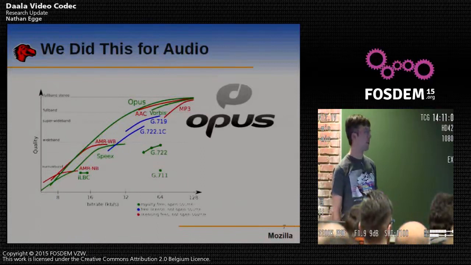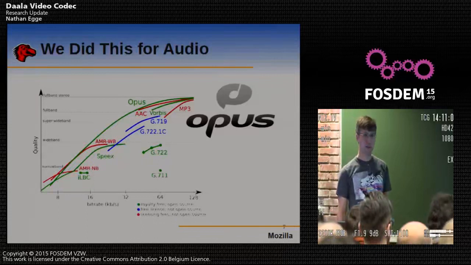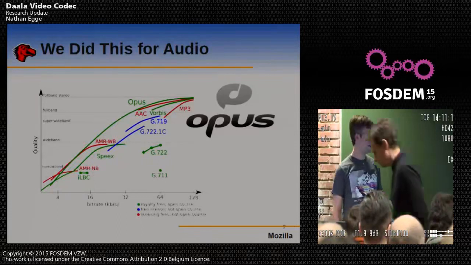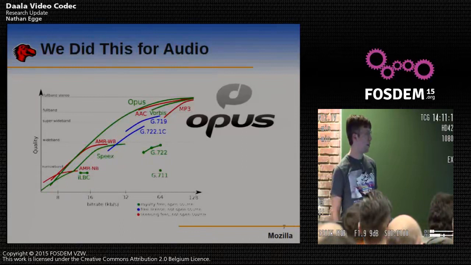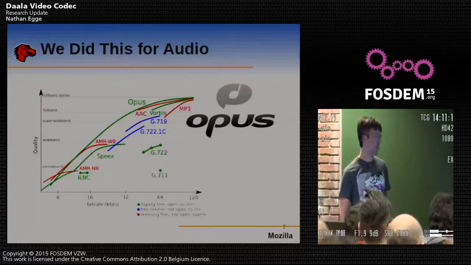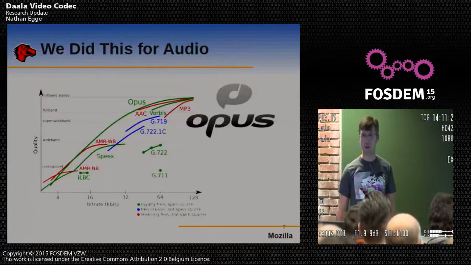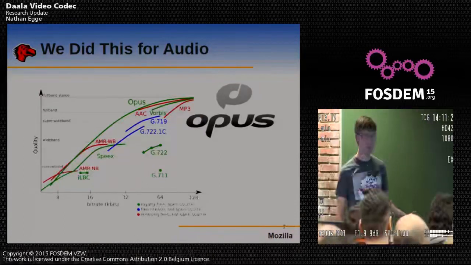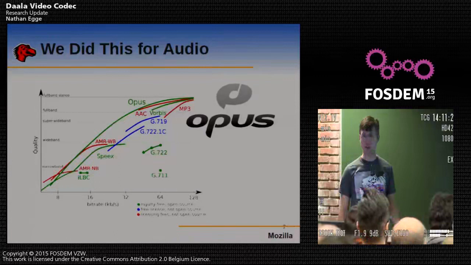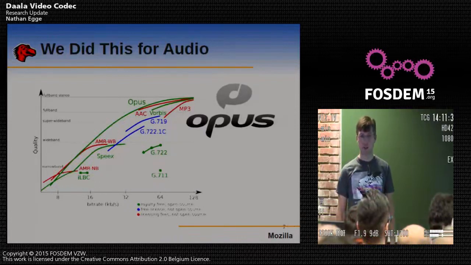Opus is an example of a royalty-free audio codec that we did at the IETF standards body, and Opus is better almost across the board for every use case, and it basically made about 10 other codecs obsolete. You could just use Opus in one place, and you could handle all use cases from very low quality voice communication all the way up to low latency, high quality stereo, high bit depth music quality.